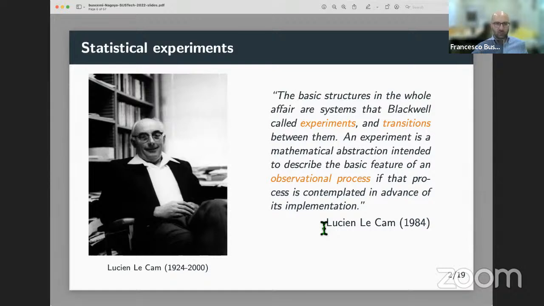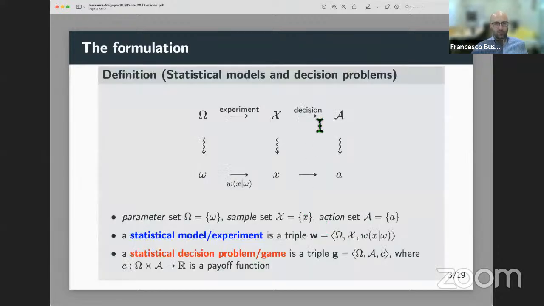So first of all, let's introduce this object called statistical experiments. The abstract formulation is as follows. I give you a parameter set, omega, a sample set, X, and an action set, A. And then a statistical experiment, or a statistical model, as nowadays people use the name statistical model, is essentially a triple.